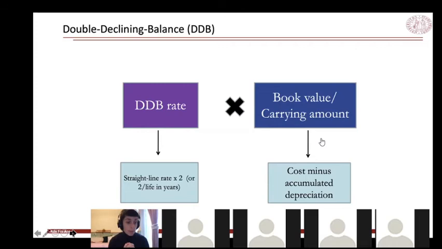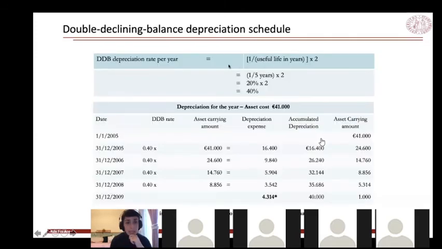If we have a look, this is a double declining. To get the depreciation rate, you divide 1 over the number of life in years and you multiply it by 2.